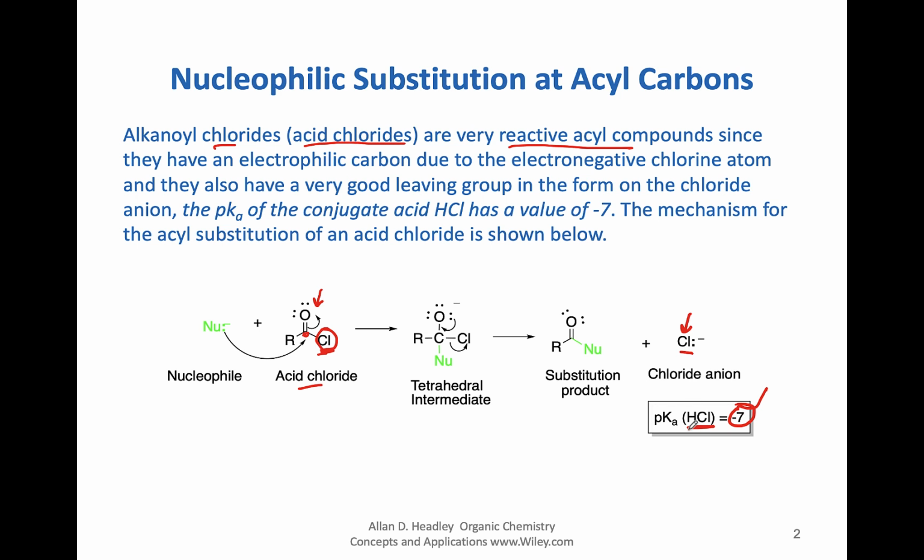As you may recall from your Gen Chem, the conjugate acid-base relationship is that a strong acid gives a weak conjugate base. So therefore this is a weak conjugate base here, which means that it is very stable, and which means that it is a good leaving group. So acid chlorides, as we said in the last lecture, are extremely reactive.